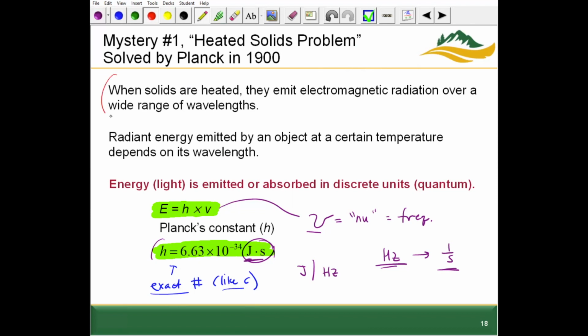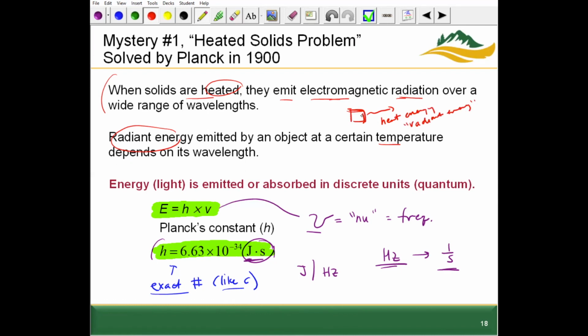Another interesting tidbit here: when solids are heated, they emit electromagnetic radiation. The wavelength of radiation that a hot object emits depends on the temperature it was heated to. So we call this radiant energy when a hot object emits energy. This is heat energy, also called radiant energy.